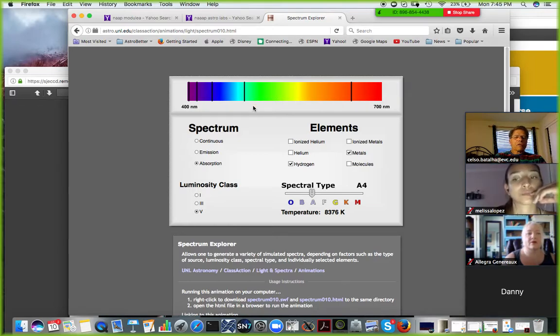So spectroscopy, which was developed in the late 1800s and early 1900s, is one of the most significant and important tools astronomers have nowadays.